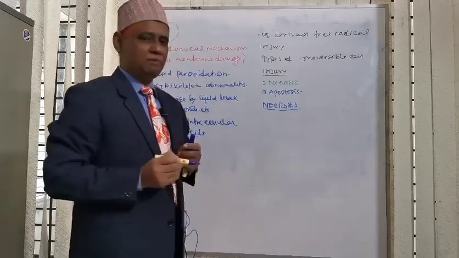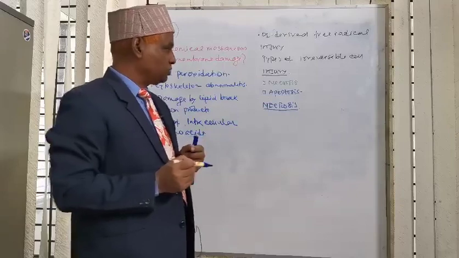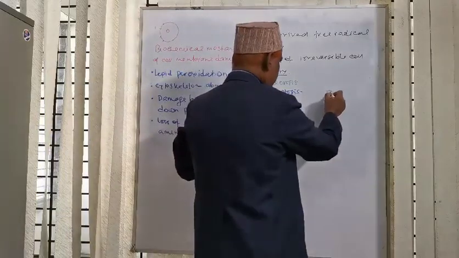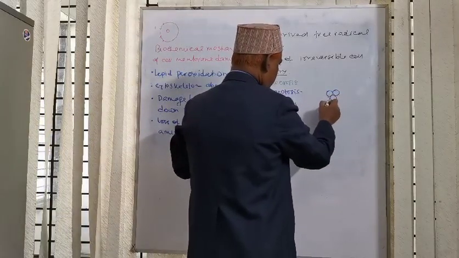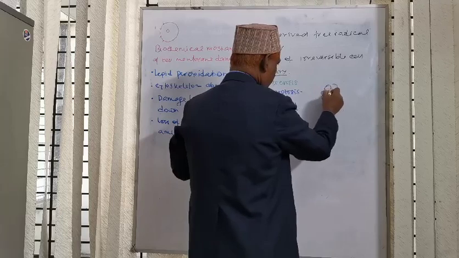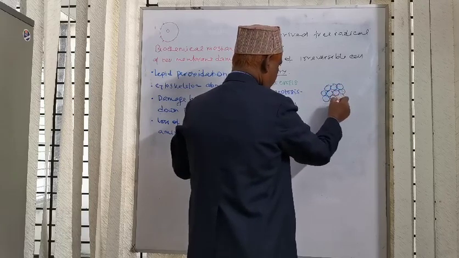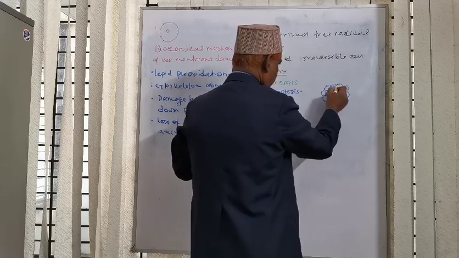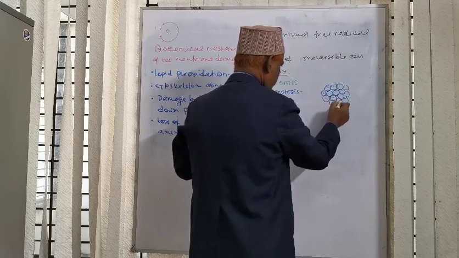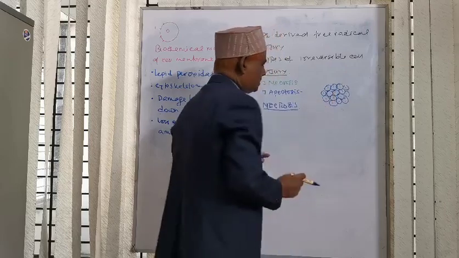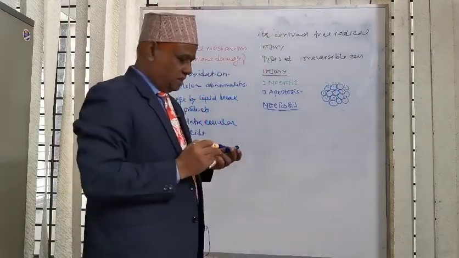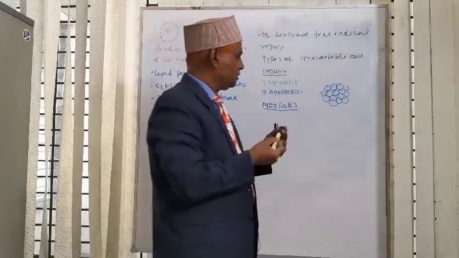Before going to discuss necrosis, we can recapitulate. Suppose this is tissue. It is composed of innumerable cells. All the cells are functioning, active anatomically and physiologically, functionally. This is a living tissue.